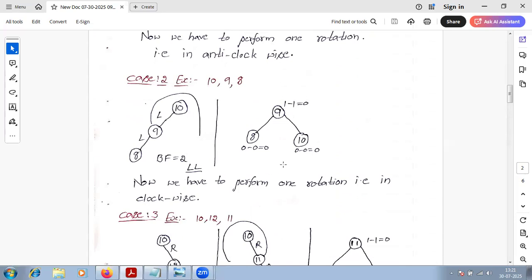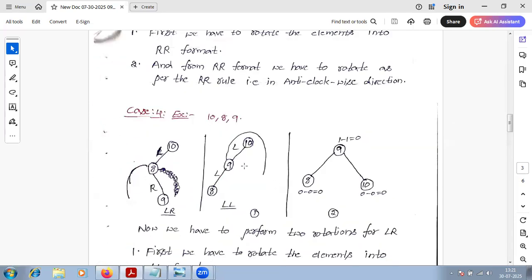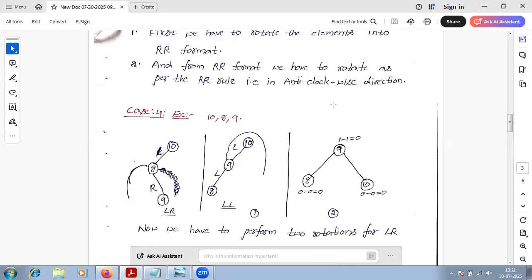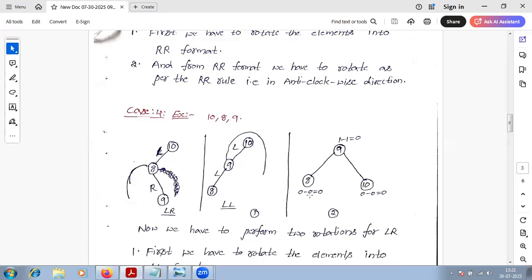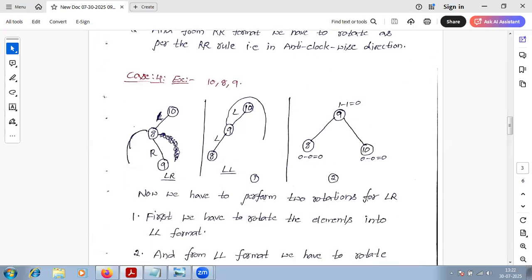Do the same thing from the 9 and rotate this 8 element in the clockwise direction. Now, after making the rotation, see here 9, and 10 came to the right side of the 9. Now, check out all the balance factors of every node. 1 minus 1, 0, 0 minus 0, 0, and 0 minus 0, 0. Now, it is an AVL tree.